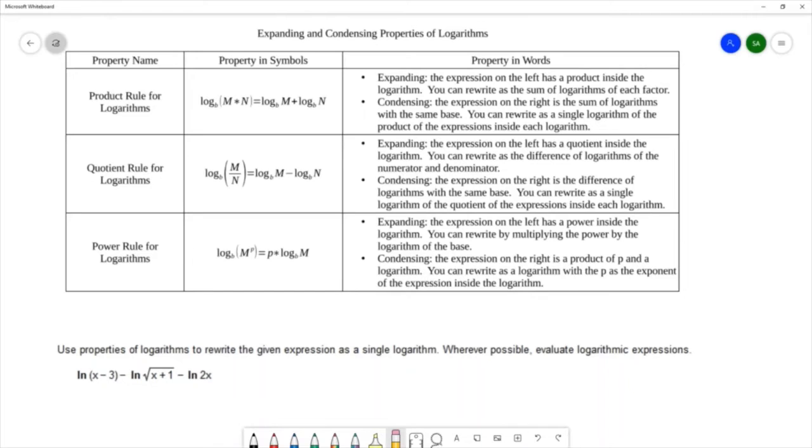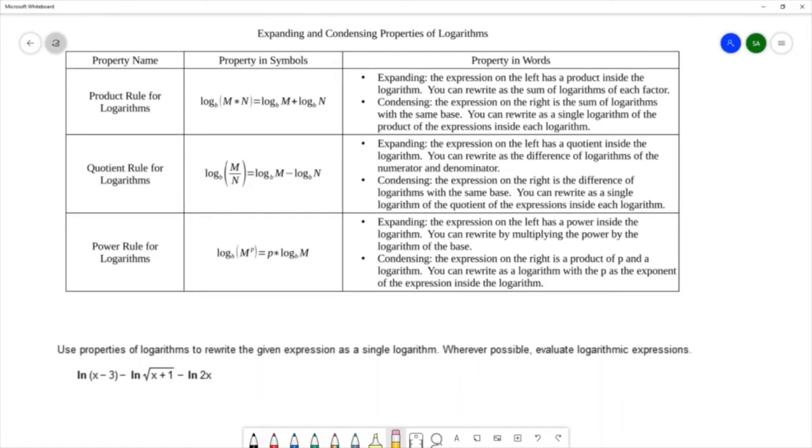So the product rule is used whenever you have the sum of logs and you condense to the product. You put a product inside your log. The quotient rule is used when you have subtraction, and when you condense with division.